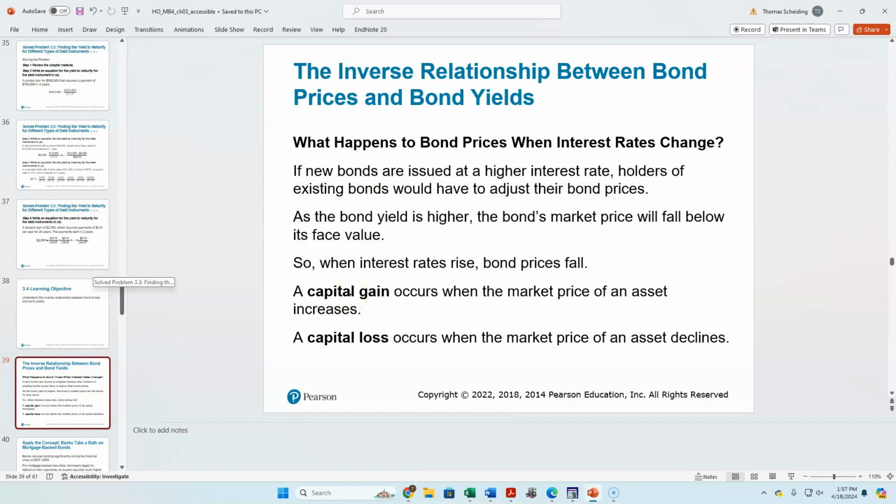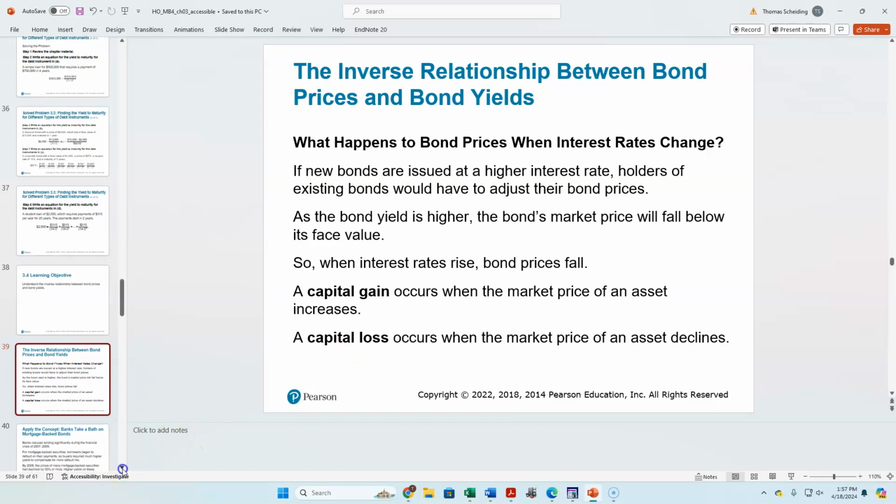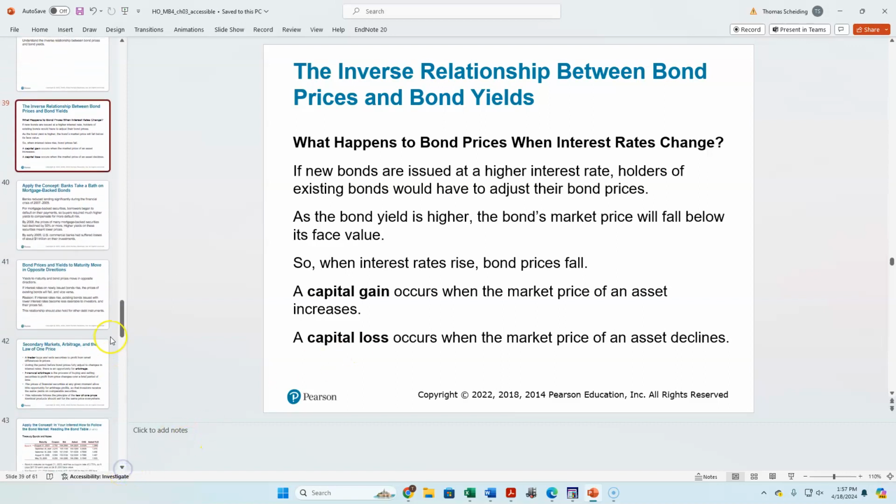Otherwise, you've got a bond like I own that's from 2008, which right now has a capital loss because the price of the bond is lower. But again, does it matter to me? No, because I'll probably hold on to the bond until maturity. So bond prices then don't really matter.